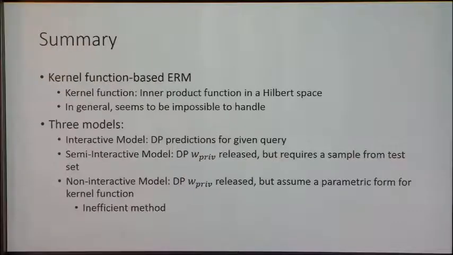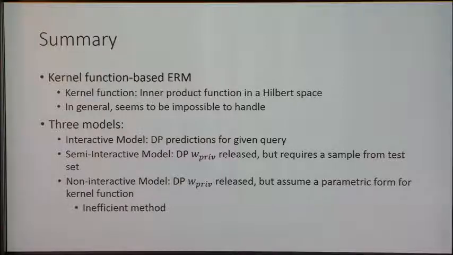Okay. So let me just summarize what we have seen in this kernel function based ERM thing. In general I might need to use a kernel function, and especially in machine learning kernel functions are very popular because they help in giving more accuracy. But if I don't have any control on how the kernel function comes, and if I don't want to make any extra assumption, then the problem seems hard to handle in general.